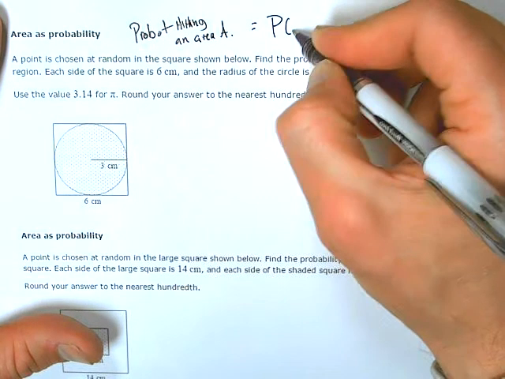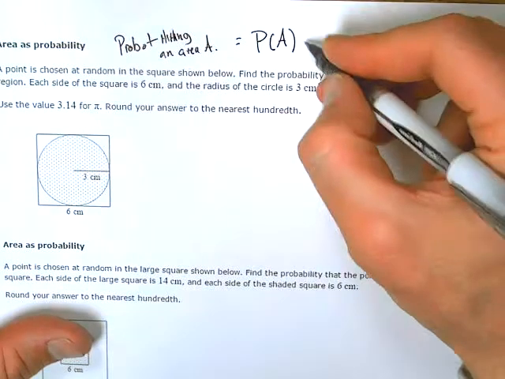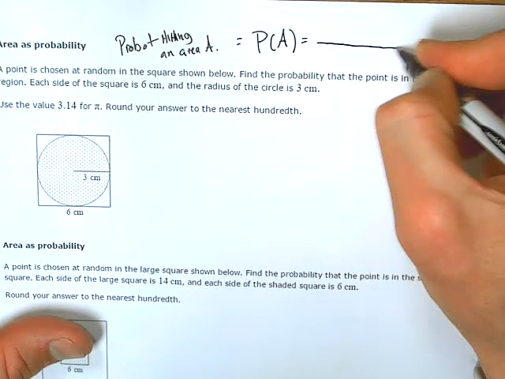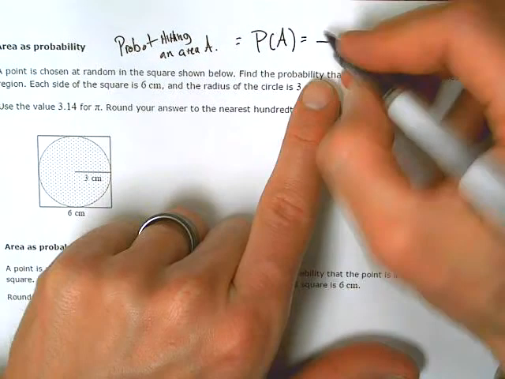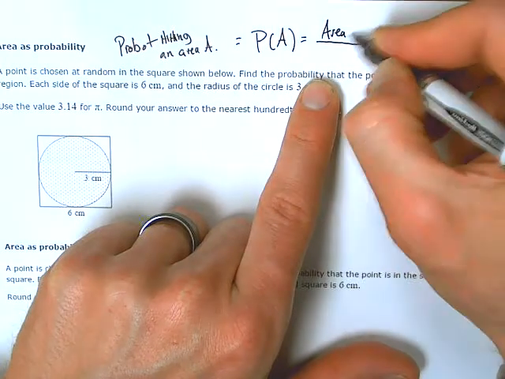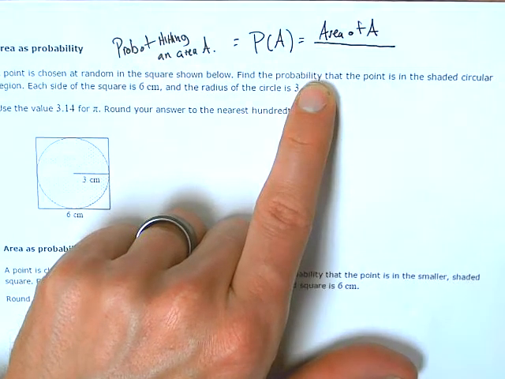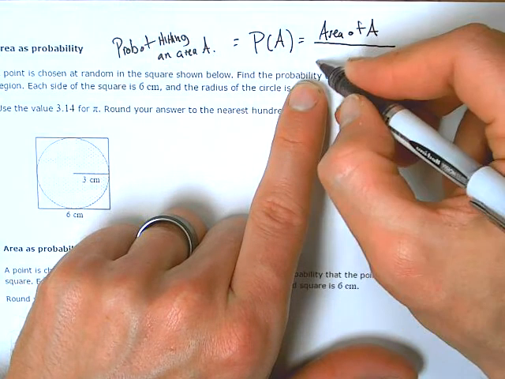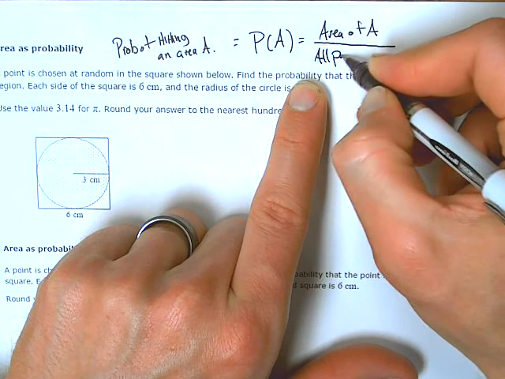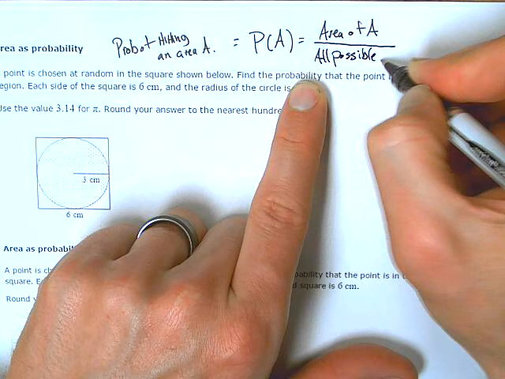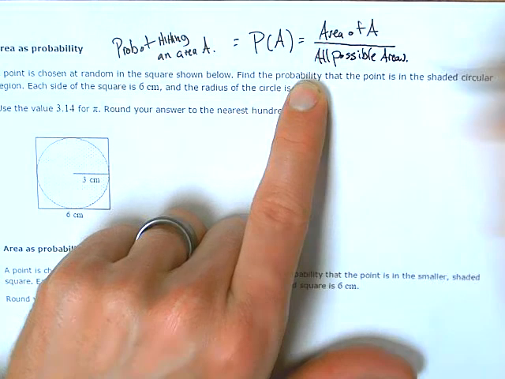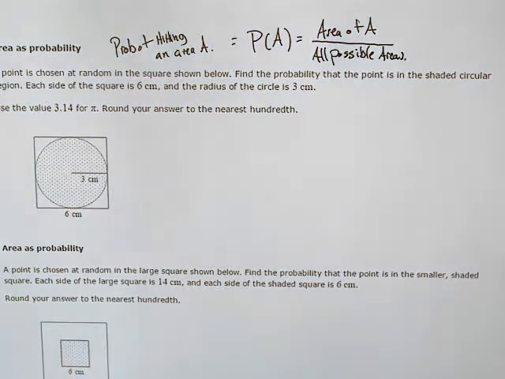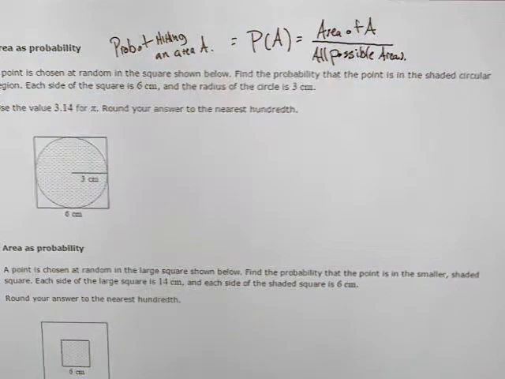The probability of getting that area A is going to be equal to the ratio of the area of that area A out of all possible areas to hit. Okay, so let's look at maybe two examples quickly.